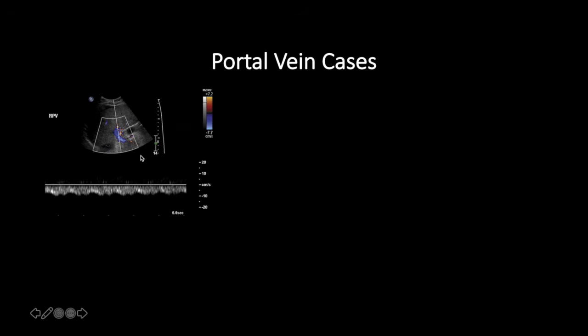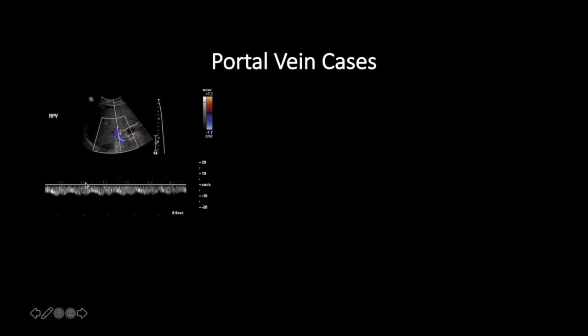So here in the color Doppler picture alone, we can see that the portal vein, this is the main portal vein that's labeled here, that's what MPV means. So the main portal vein has flow that is blue. So it's actually away from the transducer, and that's abnormal. If we look at the spectral waveform, we see that all of the flow is below the baseline.